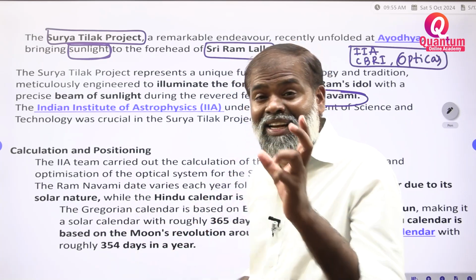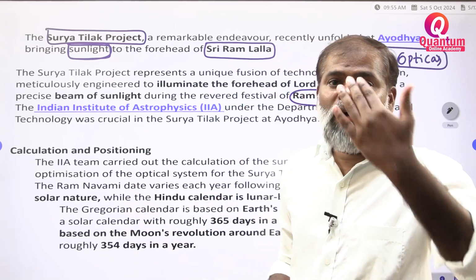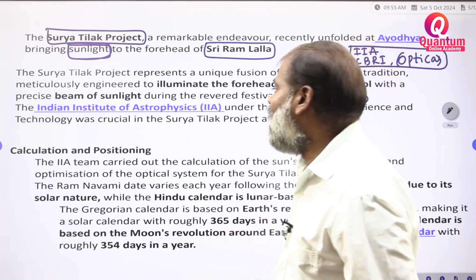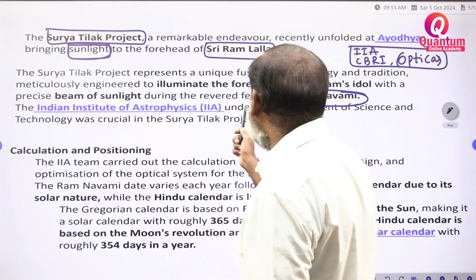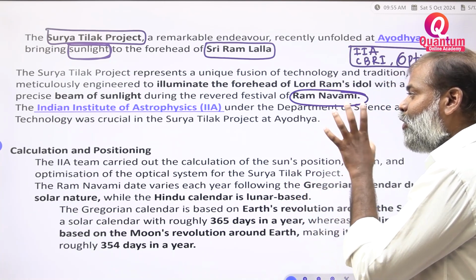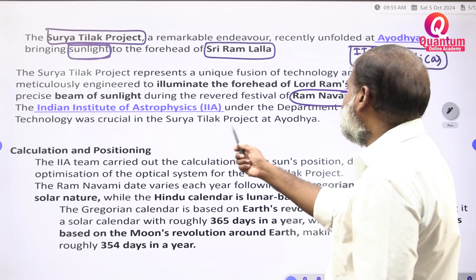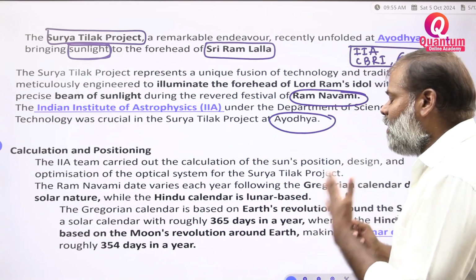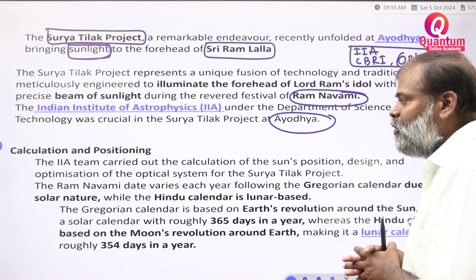Once you have to see what the challenges are, and how the Indian Institute of Astrophysics overcame them based on physics concepts. The Indian Institute of Astrophysics under the Department of Science and Technology played a crucial role in the Surya Tilak project at Ayodhya.